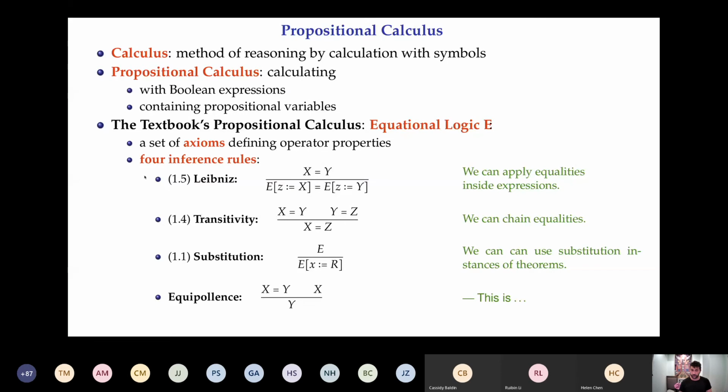Here's a reminder of what the three main inference rules are that justify how things work in the calculational style. The last one, if you have an older version of the book, you might not see it. It's called equivalence, but it just says if x is a theorem and you're starting with y, and you showed that y is equal to x, then y is also a theorem.